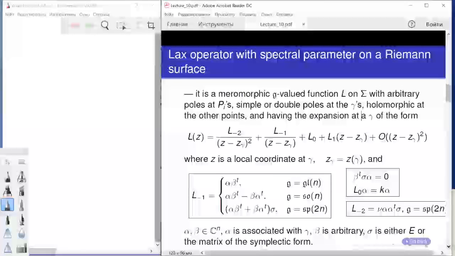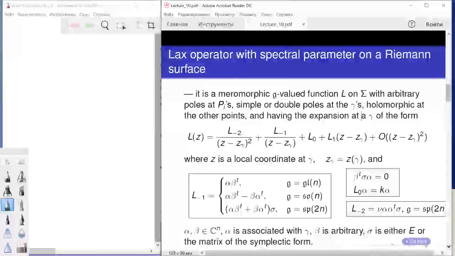L is assumed to be holomorphic at the other points and have expansions of the following form at gamma. Let me comment.